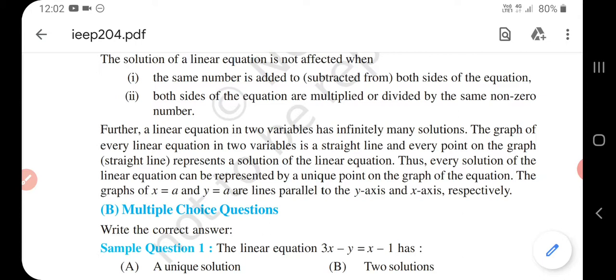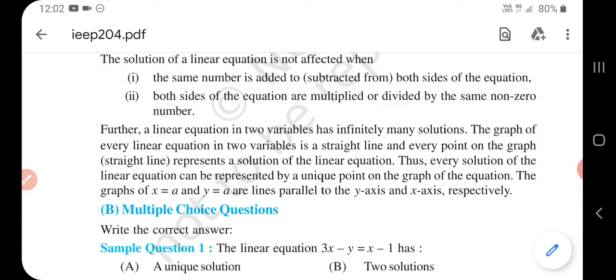Okay, method of finding the solution of a linear equation in two variables. If you have a linear equation in the form ax + by + c = 0, where a is not equal to 0 and b is also not equal to 0, then for finding its solution we use the following steps.